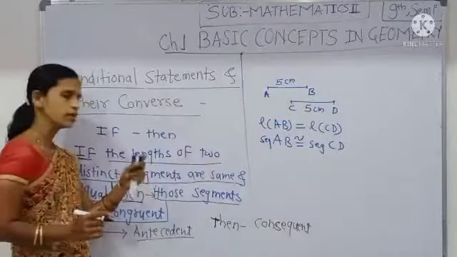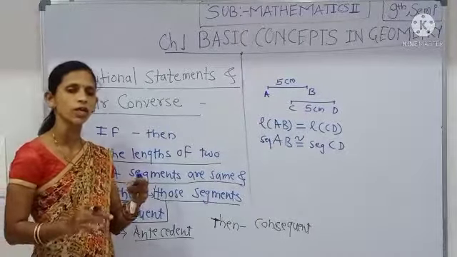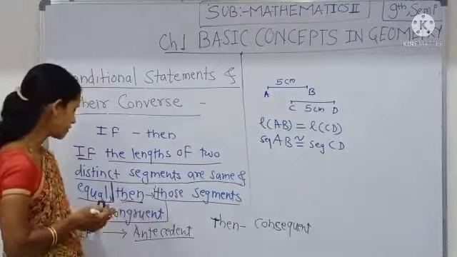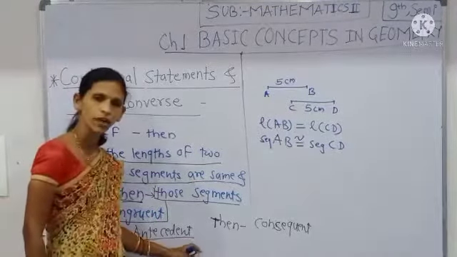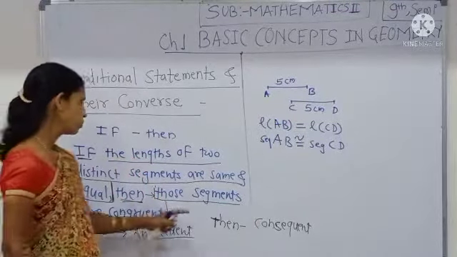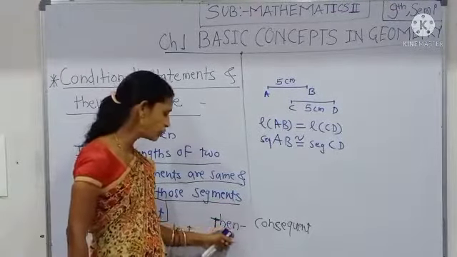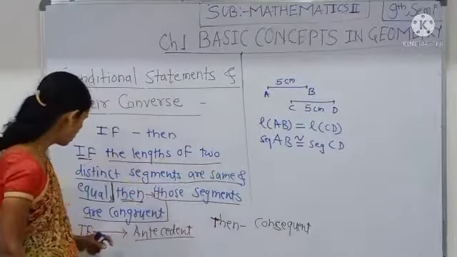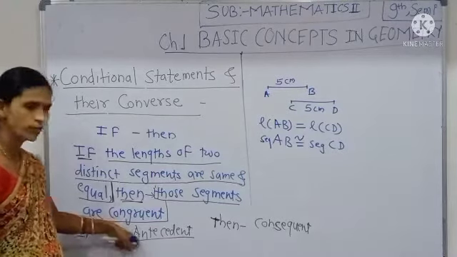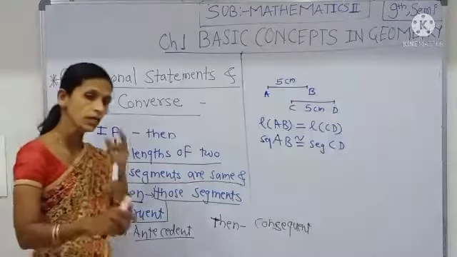So there are two parts of any given conditional statement: the antecedent and the consequent. The consequent is the part which follows then, and the antecedent is the part which follows if.